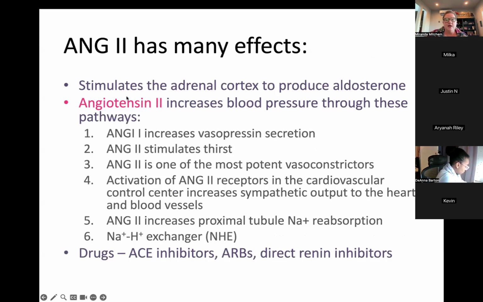In terms of what angiotensin 2 does, it does all kinds of things, including increasing vasopressin secretion and thirst. The vasopressin is all about regulating water. This pathway is all about sodium being reabsorbed.